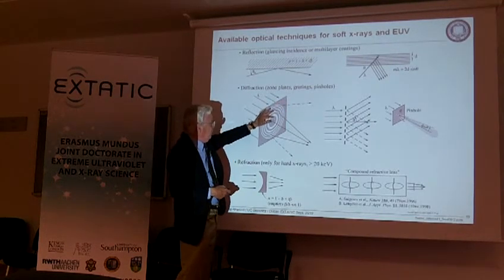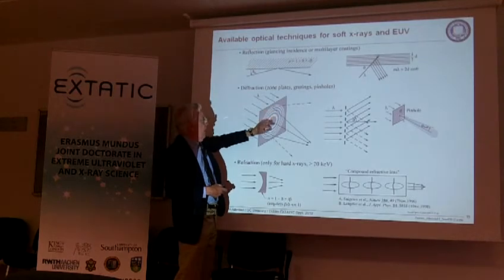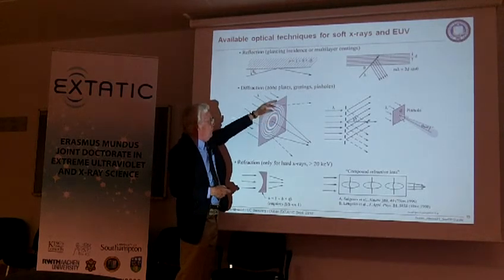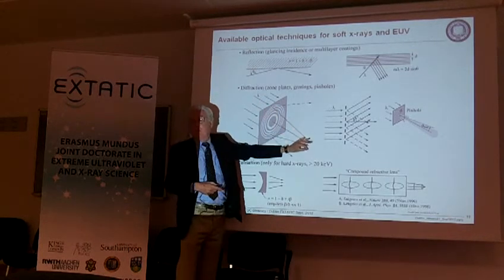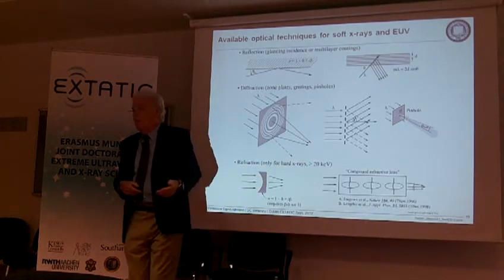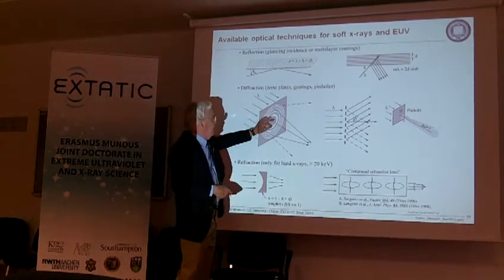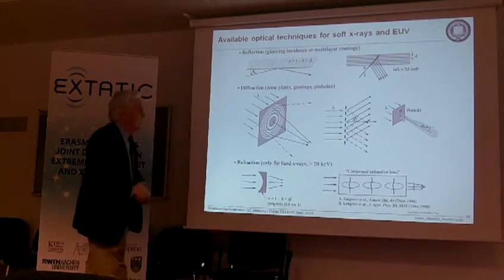In the inner regions, the period is quite long, so the diffraction angle is quite small, and they can be arranged so that the radiation from the whole area will all come to one place as a focus or as an imaging tool. Okay?